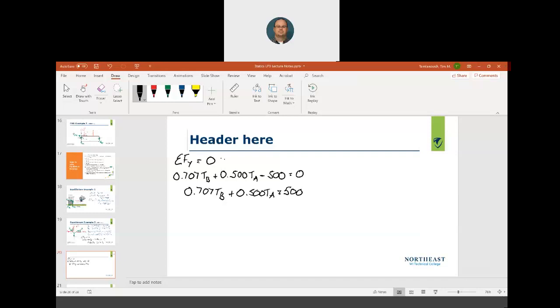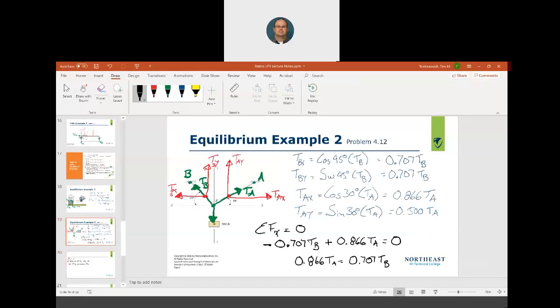So can I use a moment equation? You cannot. Reason why? Because all the lines of action go through a point of common concurrency, and the line of action goes through the point of rotation. That means I don't have any moments. So how do I solve this? This is applicable to concurrent forces.